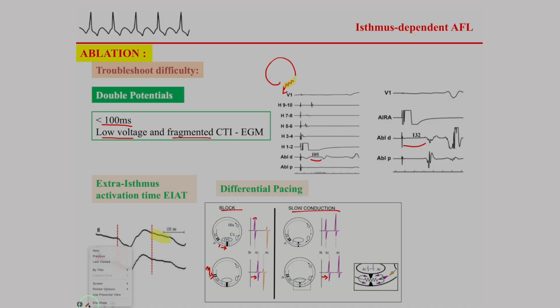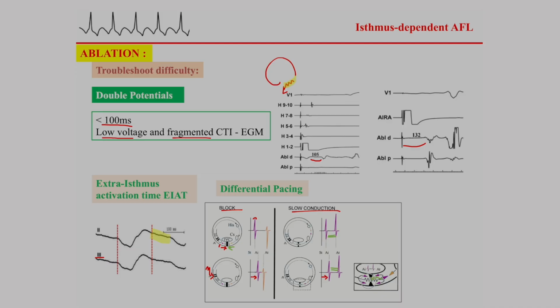But the second component of the double potential depends on the presence or the absence of conduction through the ablation line. If we have slow conduction, the two components will be delayed similarly, as you see here.